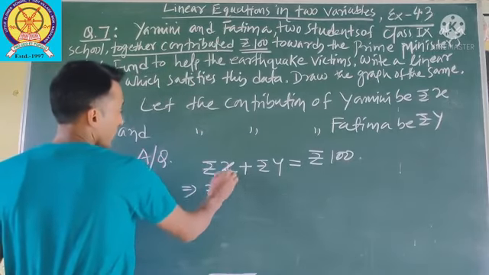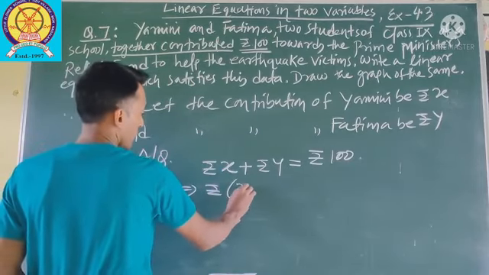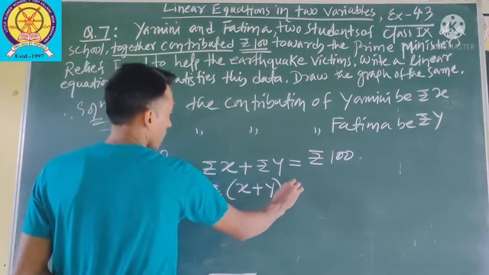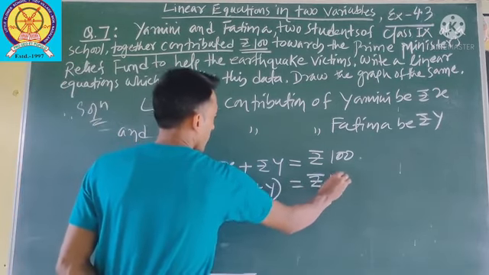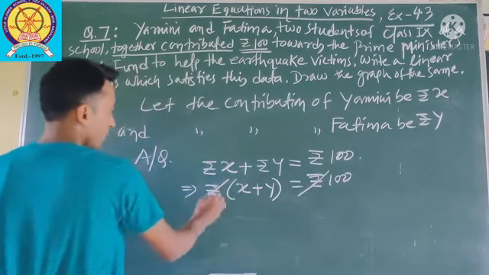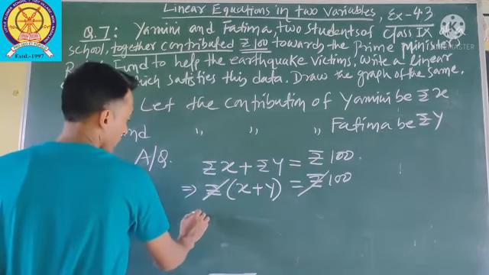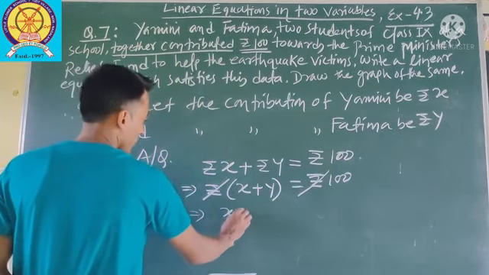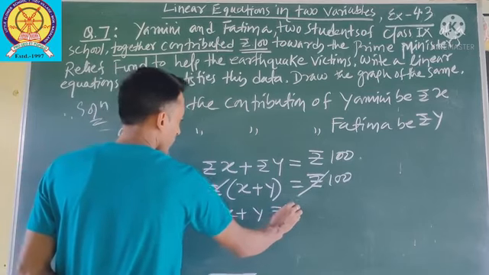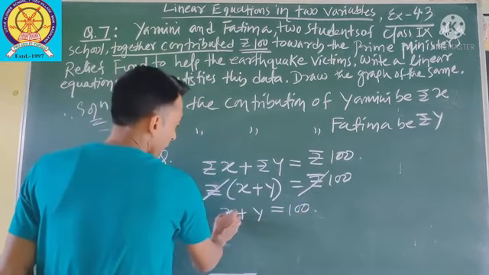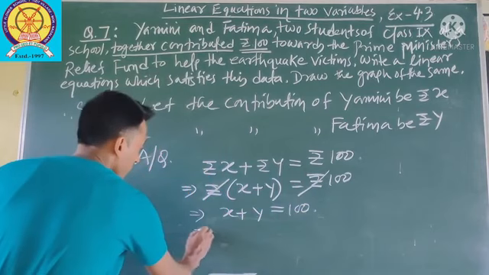So rupees is in both sides, you can cancel. So your linear equation is x plus y equals 100.